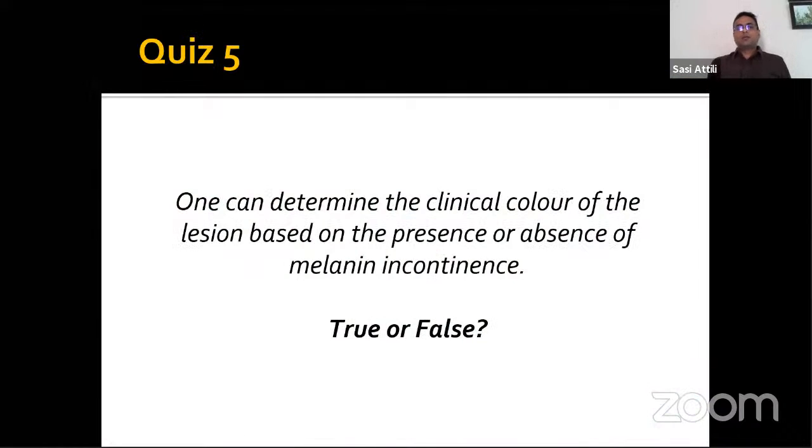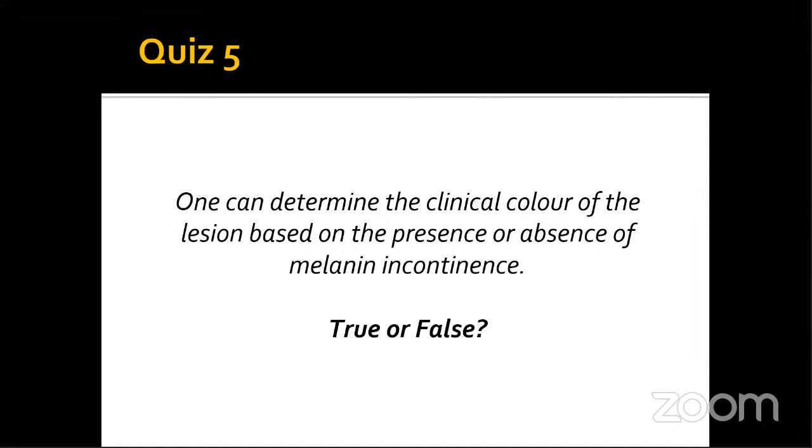All right, here's a quiz. One can determine the clinical color of the lesion based on the presence or absence of melanin incontinence. True or false? Please type T for true, F for false. First answer, please, Dr. Venkat, since we're short of time. False. Majority have answered false, sir. Excellent.